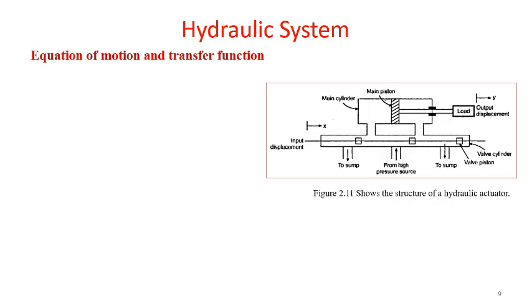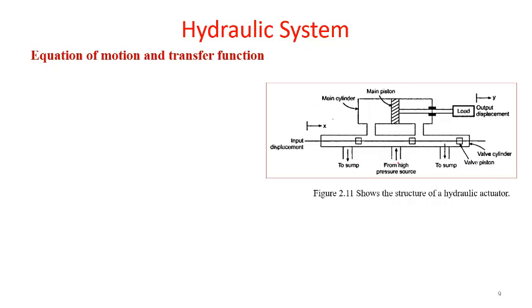Here we have a large cross-sectional area. Compared to this one, here we have a lesser area, because this area has been reduced by the piston rod. So this will be the change in pressure. Because of this change in pressure, actuation is going to occur in the cylinder.